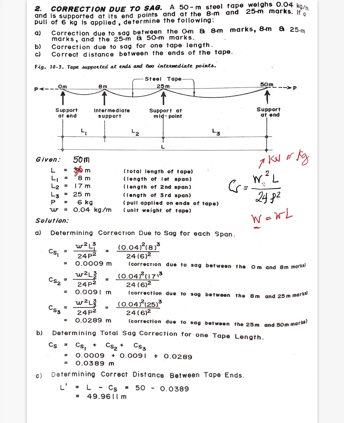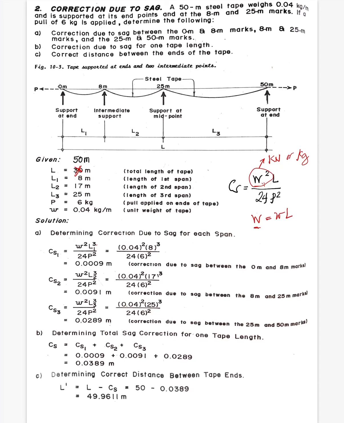So the big W squared, multiplied by L, since the square and the L cubed are incorporated with the W. Okay?